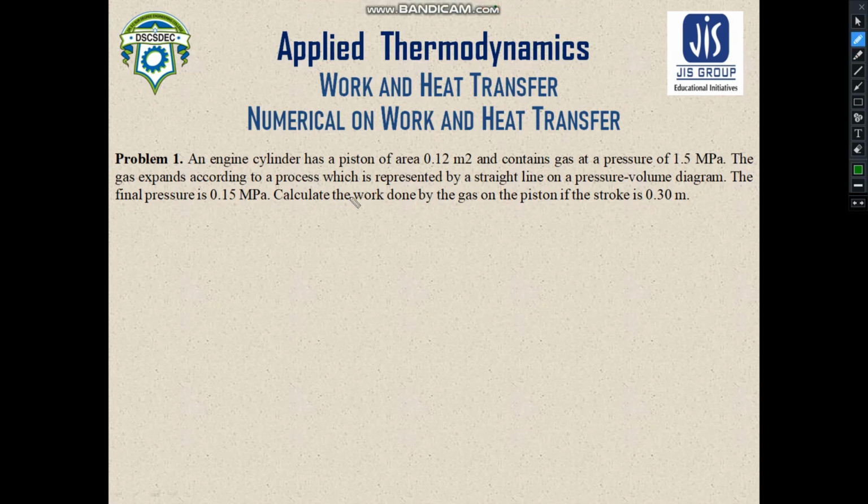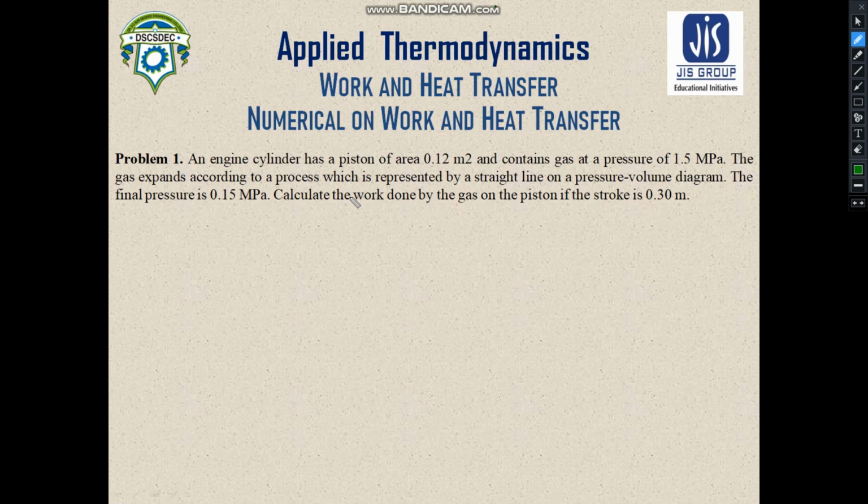So let us start discussing the numerical on work and heat transfer. The first problem is provided here. An engine cylinder has a piston of area 0.12 meter square and contains gas at a pressure of 1.5 megapascal.